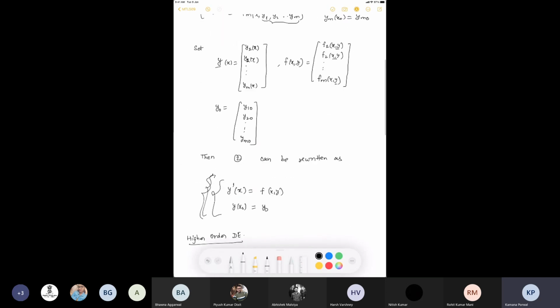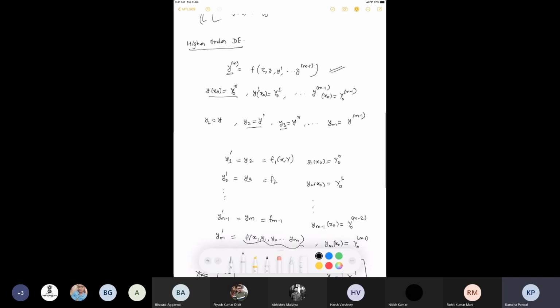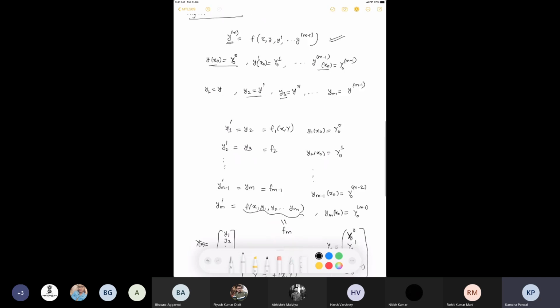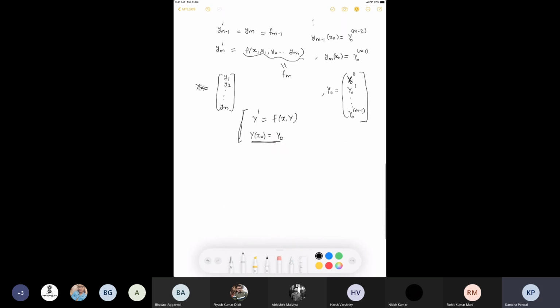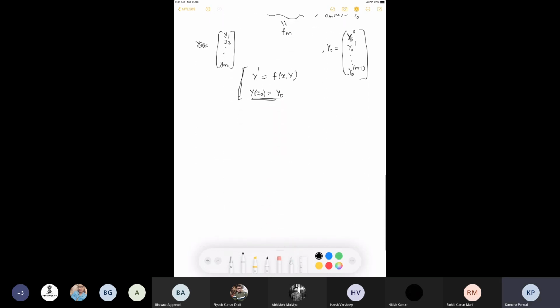And for the higher order differential equation, y and all its derivatives up to m minus 1 are prescribed at the one point, x naught. But in the boundary value problems, the unknown solution y is prescribed at more than one point.